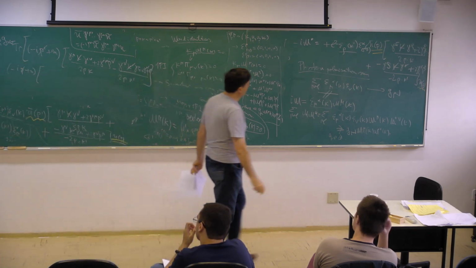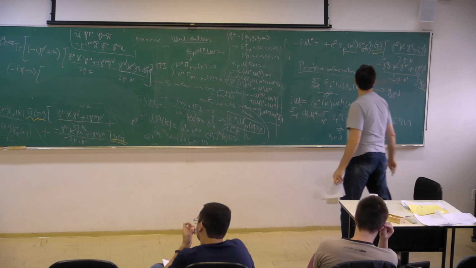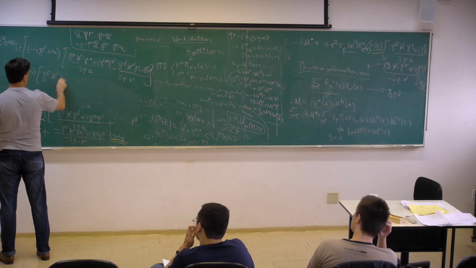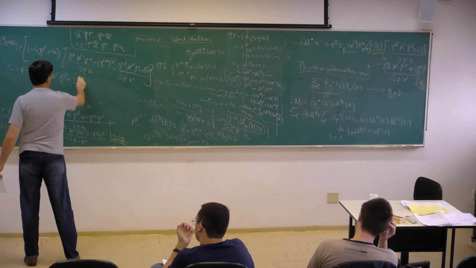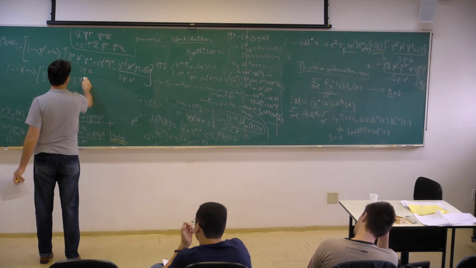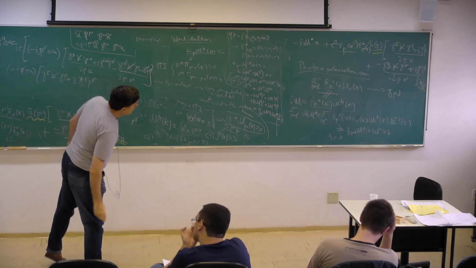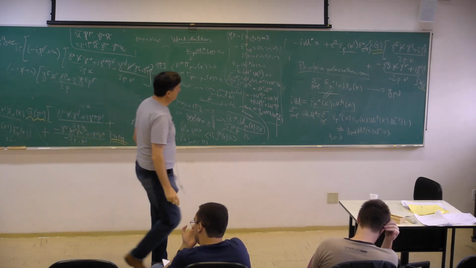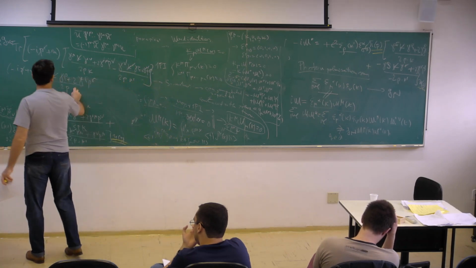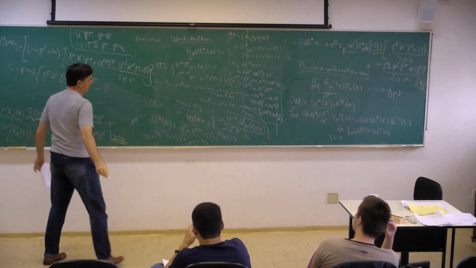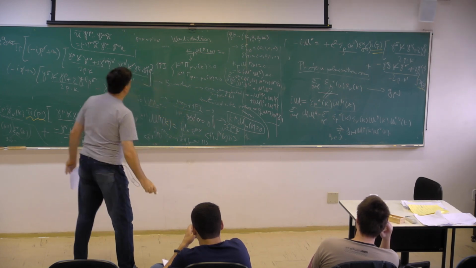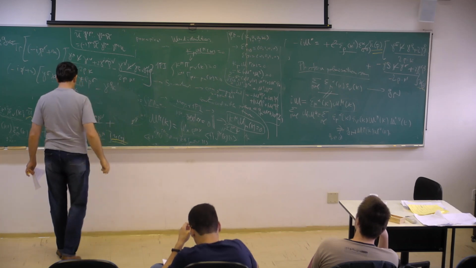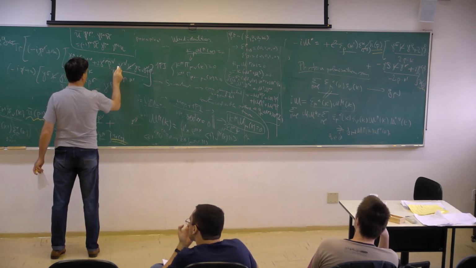And now this other factor, gamma sigma k slash gamma rho plus 2 gamma rho p sigma over 2 pk, minus gamma rho k slash, this is plus minus upstairs.